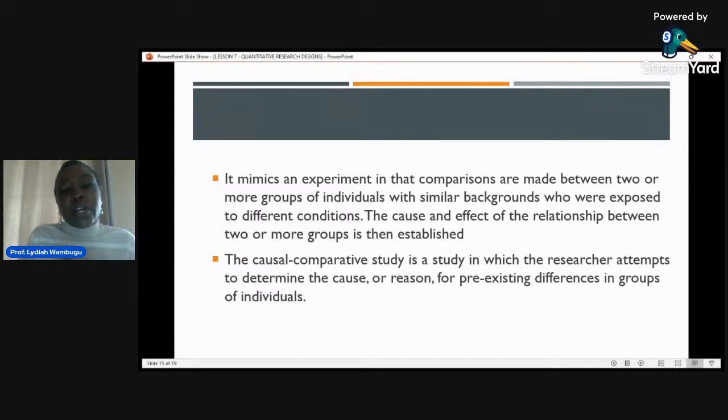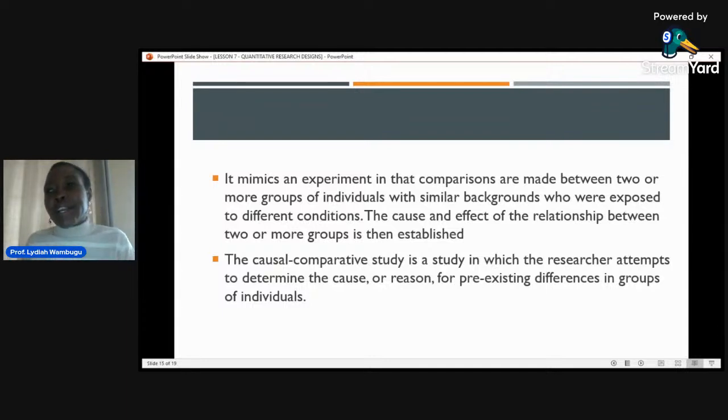It tries to look like an experimental design because you compare two groups. But remember, these groups, you are not the one who formed them. You go when it has already been formed. So you are going to two or more groups with similar backgrounds, but were exposed to different conditions. You are not the one who came up with the condition.